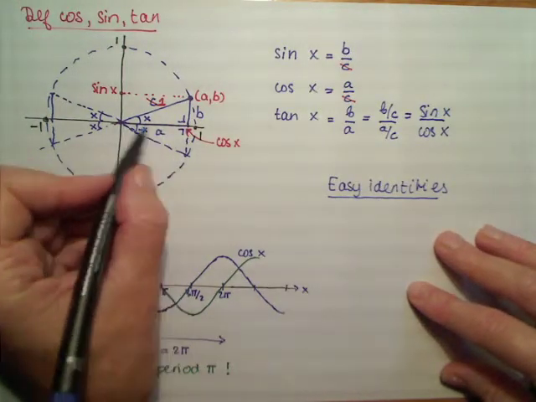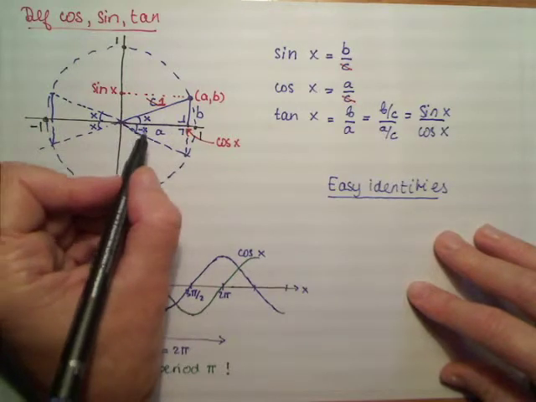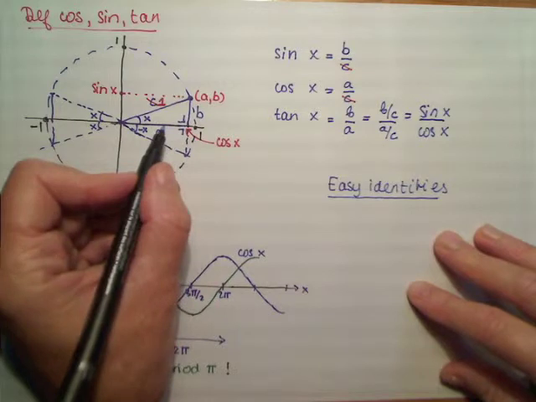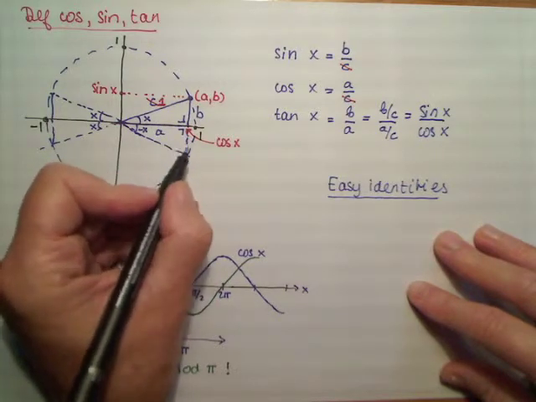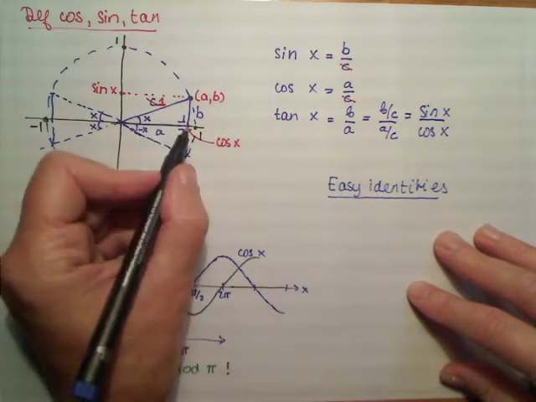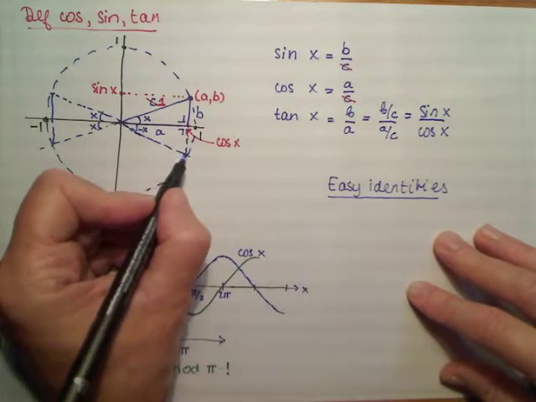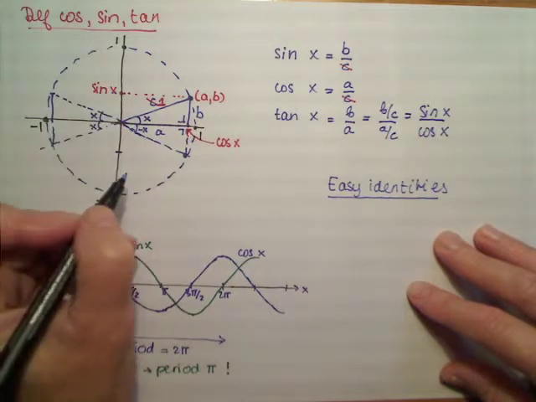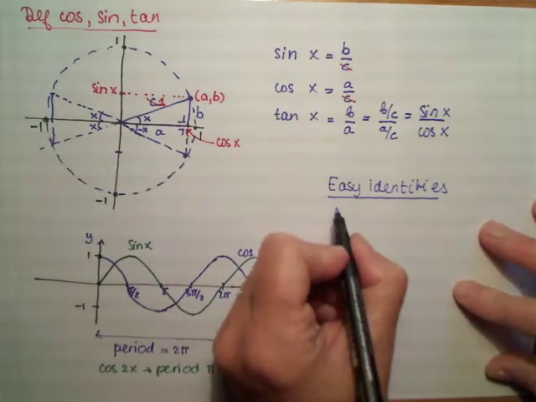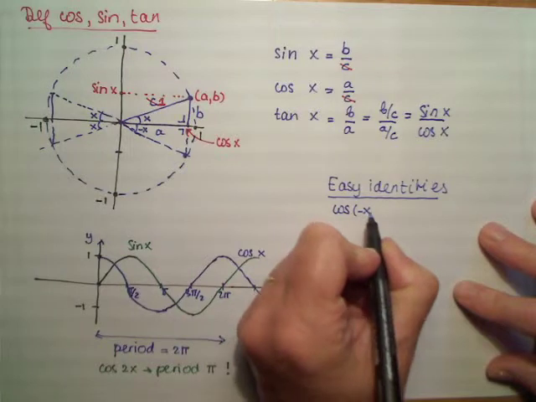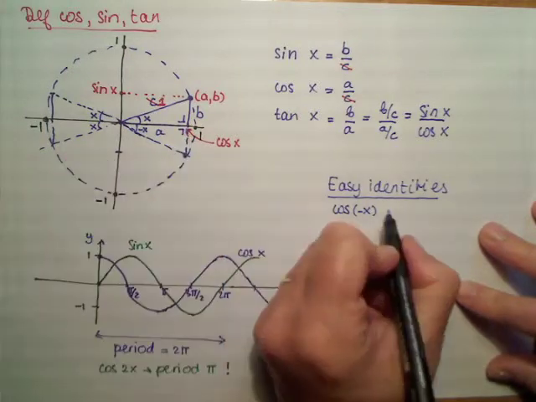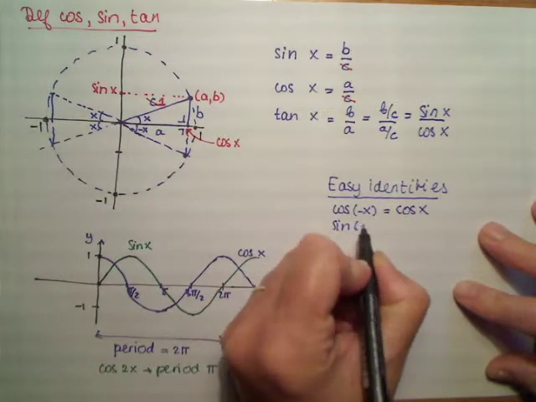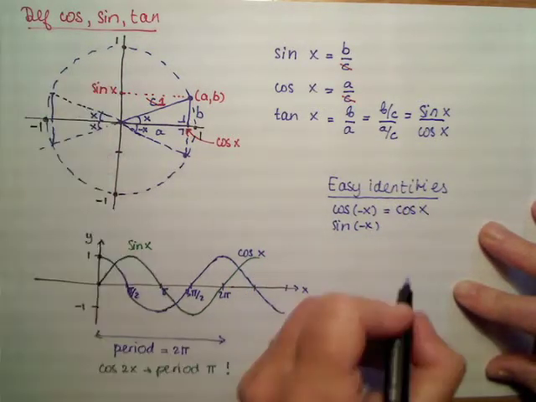Now what you see here in this picture is that if you look at the angle minus x and look at this point on the circle, you see that the x-coordinate doesn't change, and the y-coordinate becomes minus this y-coordinate. So what you see is that if you look at the cosine of minus x, then it is the same as the cosine of x, but the sine, well, you see, you get a minus sign in front.